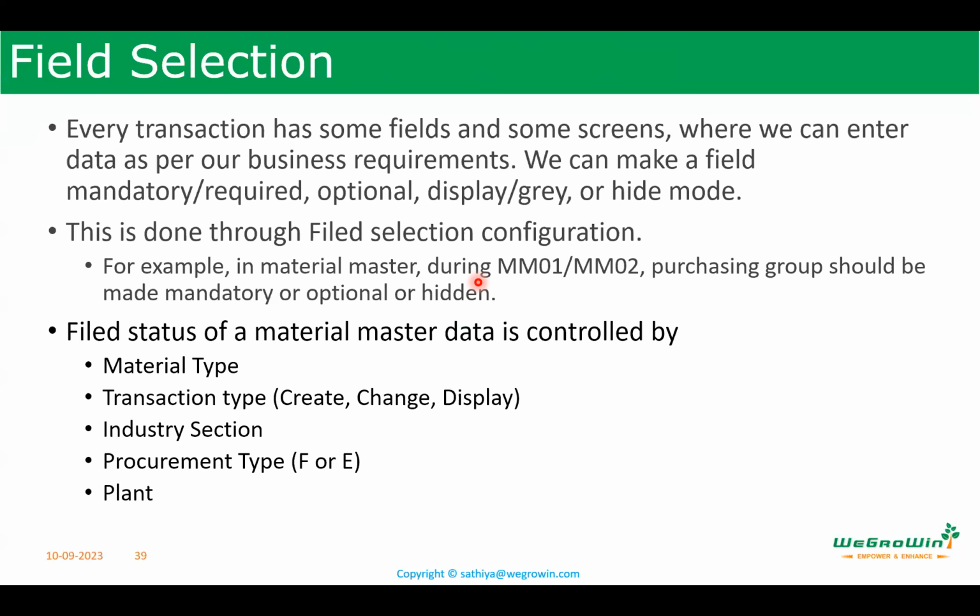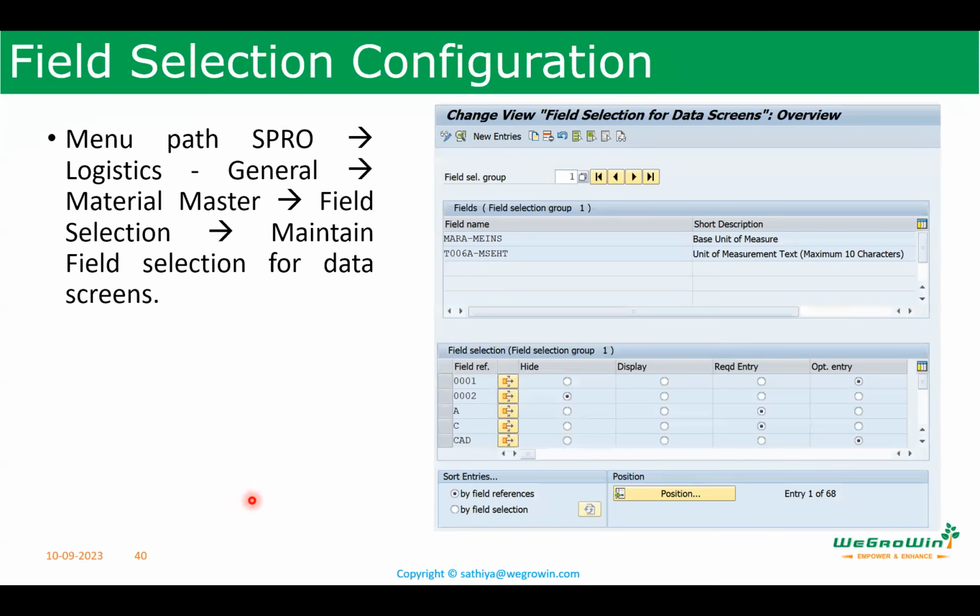So I want to hide those fields. Like that, if I want to hide or show some fields, it is done through this configuration. These are controlled by material type, like HALB or FERT, by transaction like material master creation, change or display, or by industry sector, procurement type and plant. Based on this, we can change.